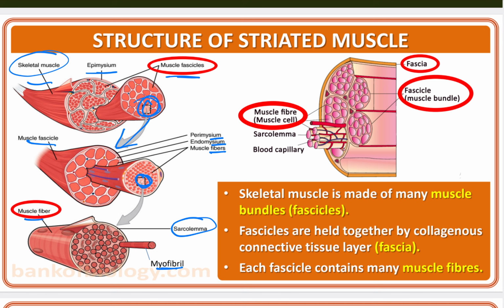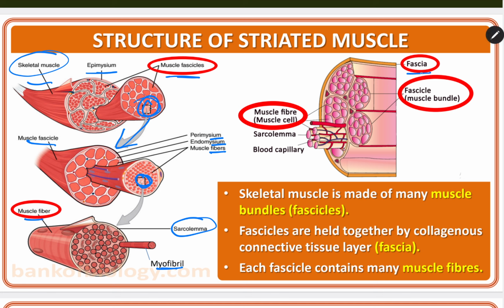Myofibrils are present. Skeletal muscle is made up of many muscle bundles or fascicles. Fascicles are held together by collagenous connective tissue layer called fascia. Each fascicle contains many muscle fibers.